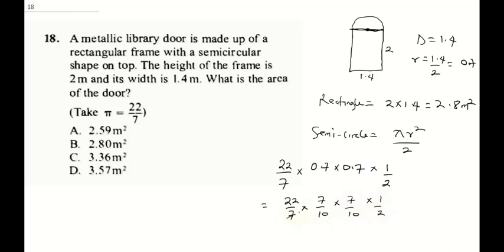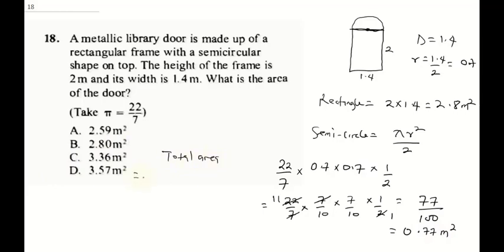So here, 7 is going to cancel 7. So we are going to have 2 here, it's 1, and 2 here will be 11. So this is going to be 77 over 100, which is going to give me 0.77 meter square.